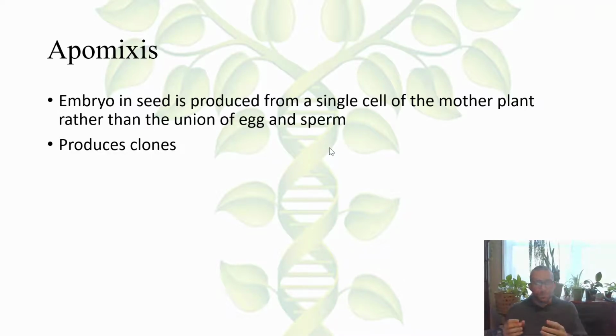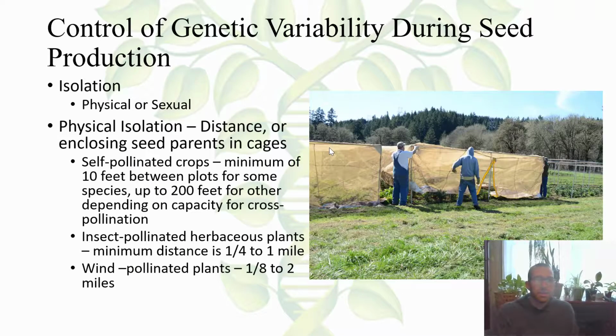So instead of having this mixing of genes from potentially separate plants, we just have this mother plant producing seeds that are exactly genetically identical to itself. And that's apomixis. We'll see in a little bit that it is important in some citrus fruits.